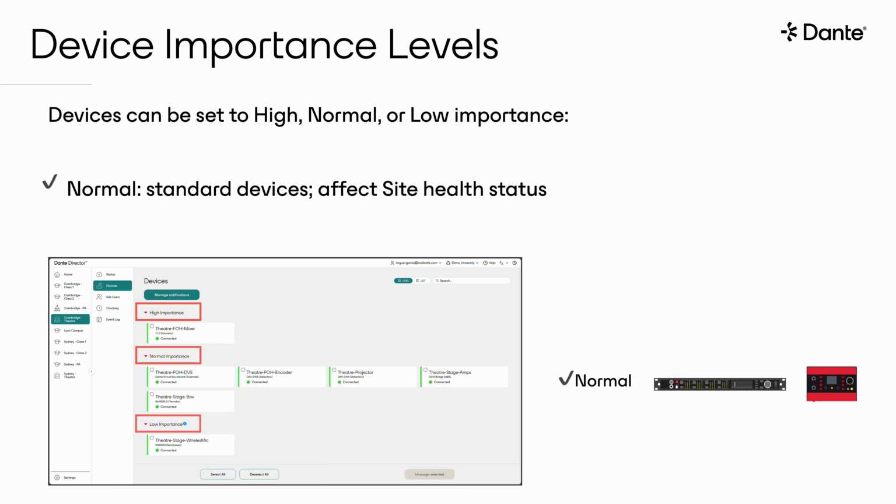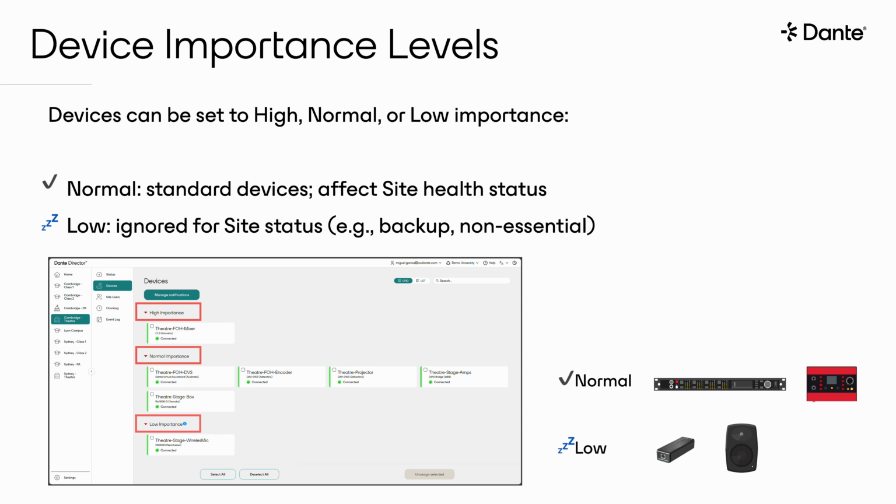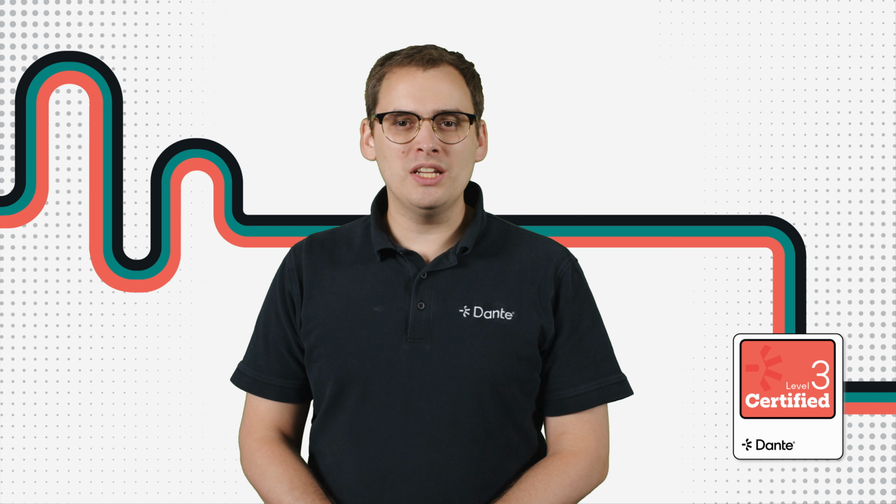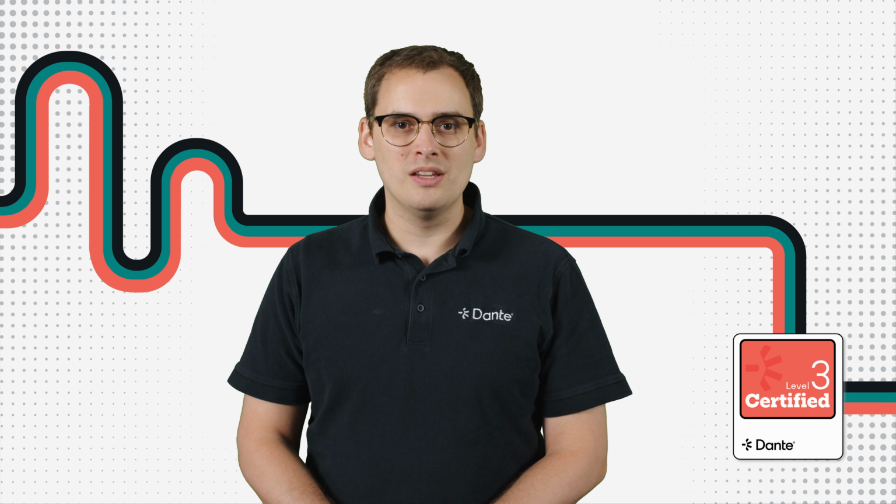By default, devices are set to normal, but what does that actually mean in practice? When a device is marked as low importance, it won't contribute to the overall status indicators of its site. That's useful in cases where you have devices that aren't critical to the system's performance. Maybe it's a temporary or experimental device that's been added for testing purposes.